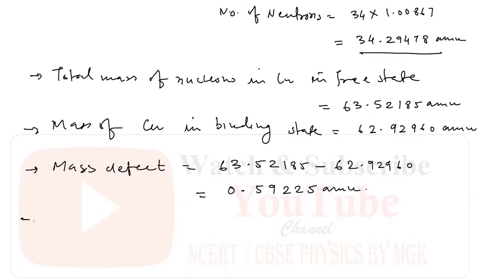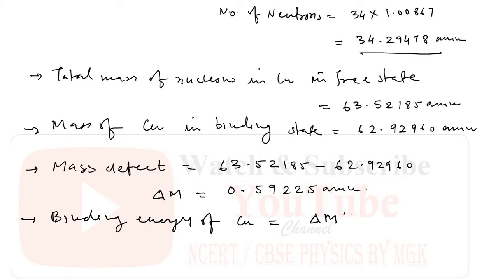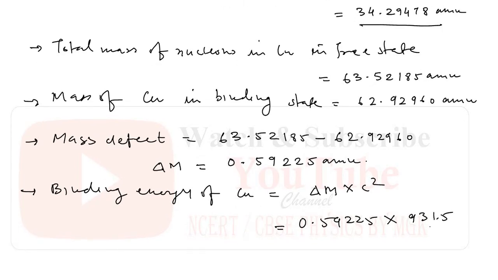Now the binding energy. The binding energy of Cu is equal to the mass defect ΔM multiplied by c square. The mass defect is 0.59225, multiplied by 931.5 million electron volt per c square.